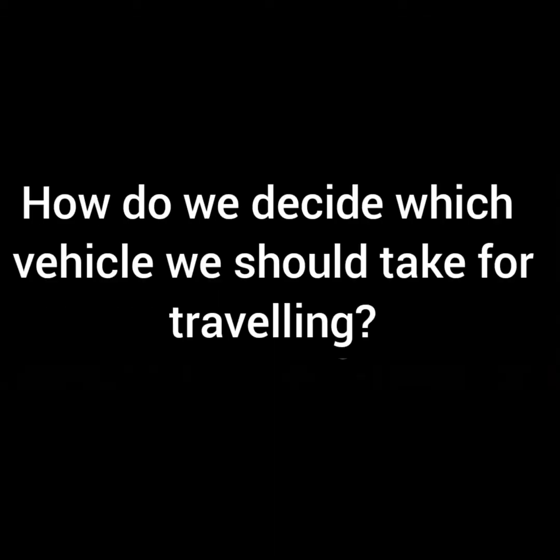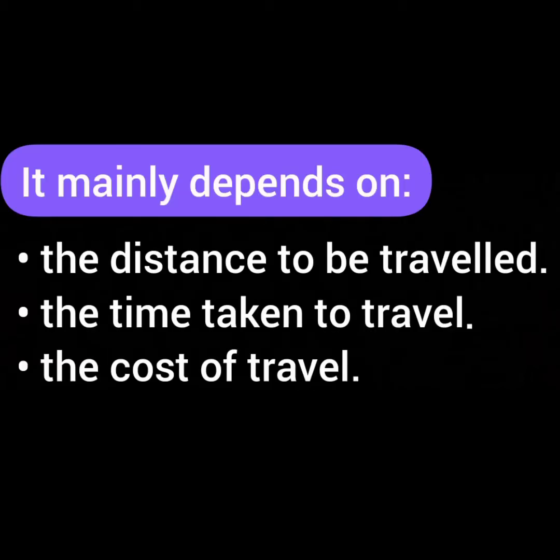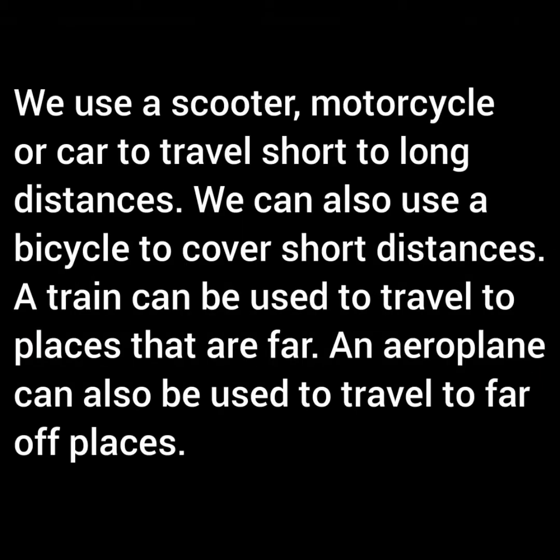Kids, how do we decide which vehicle we should take for traveling? Let me tell you. It mainly depends on the distance to be traveled, the time taken to travel, the cost of travel.